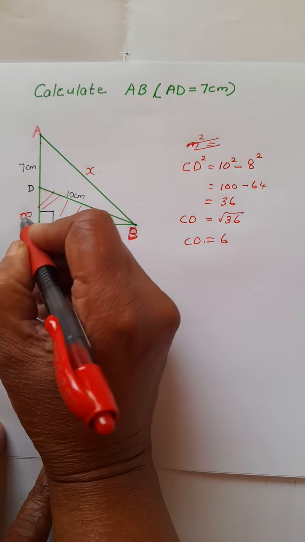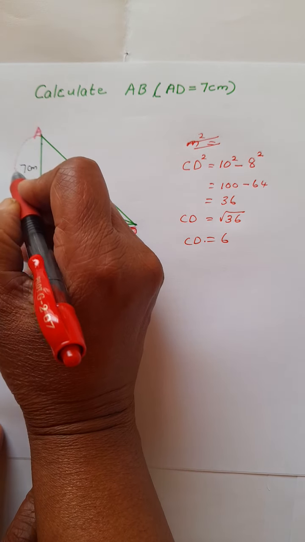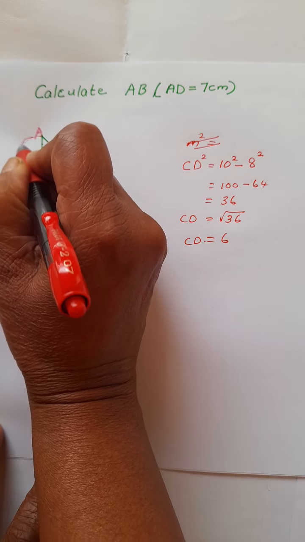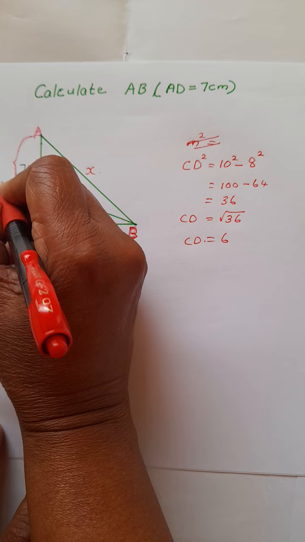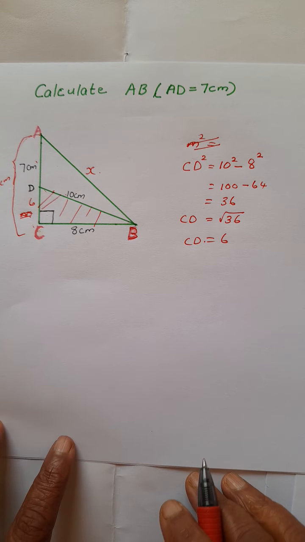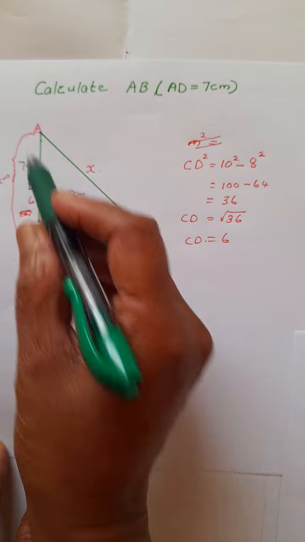So the moment you get that, you can write it here. Then the whole length here is 7 plus 6, which is 13 centimeter. Now we can find the value of x. So let's calculate the x here. We will use the big triangle.